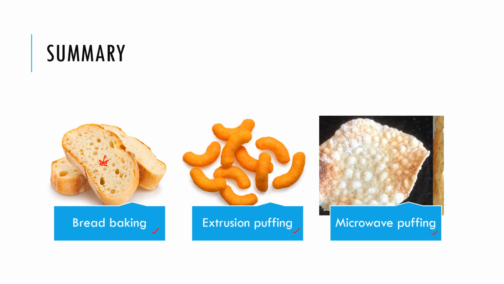Now that can be done in 2 ways. One is by forming a crust that kind of impedes the gas flow out, or just by increasing the amount of gas generation, as would be done by the yeast in this case and the CO2 formation. By gas, I mean either CO2 or the water vapor.